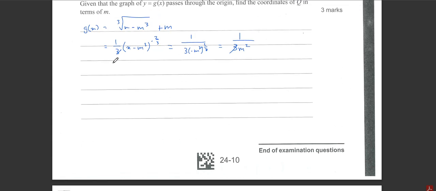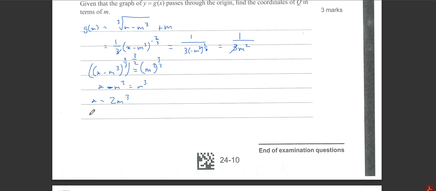Solving for x, those cancel, and we get that x minus m cubed to the power of 2 on 3 is equal to m squared. Then raise both sides to the power of 3 on 2. We get that x minus m cubed is equal to, oh, m cubed. So x is equal to 2m cubed.